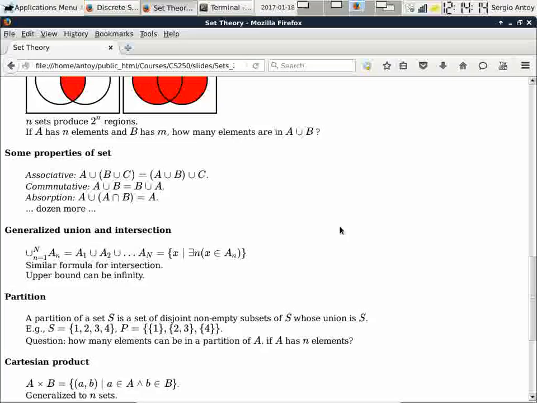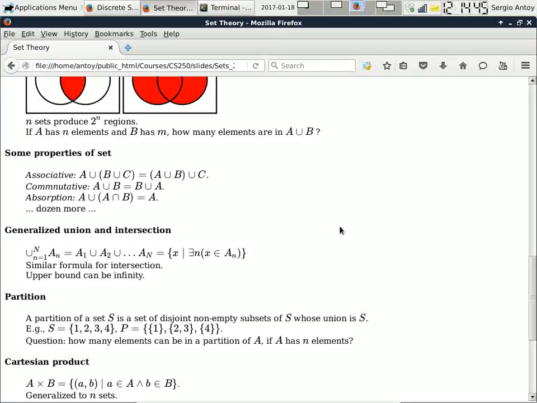So union and intersection can be generalized to more than two operands, exactly like addition and multiplication can be generalized to more than two operands. In fact, later on, instead of having A1 union A2, the sets will be numbered A1, A2 and so on, and instead of the union we have a plus, and we will reason about this. And so here we have a notation. How do we read that one?